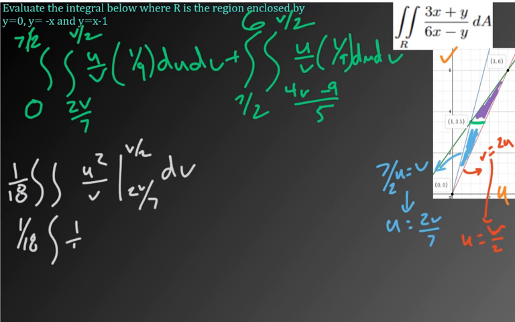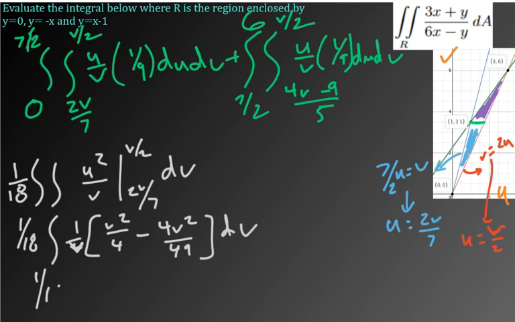This is nice because I'm just going to pull that 1 over v out. You'll have v squared over 4, and then minus 4v squared over 49. But this is what's nice: if you have 1 over v here, it's going to cancel, and so you really end up getting a polynomial integral for the last one, which is really nice and easy.